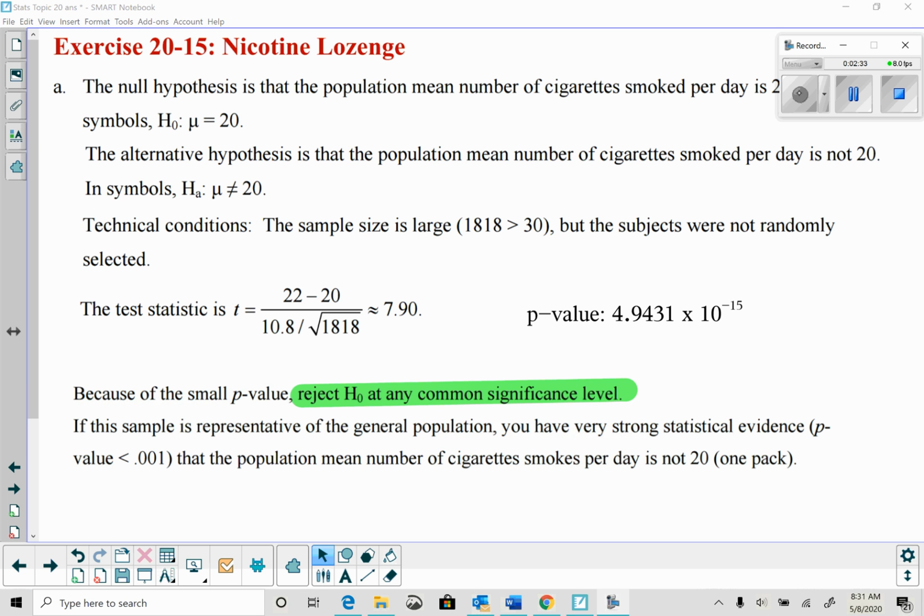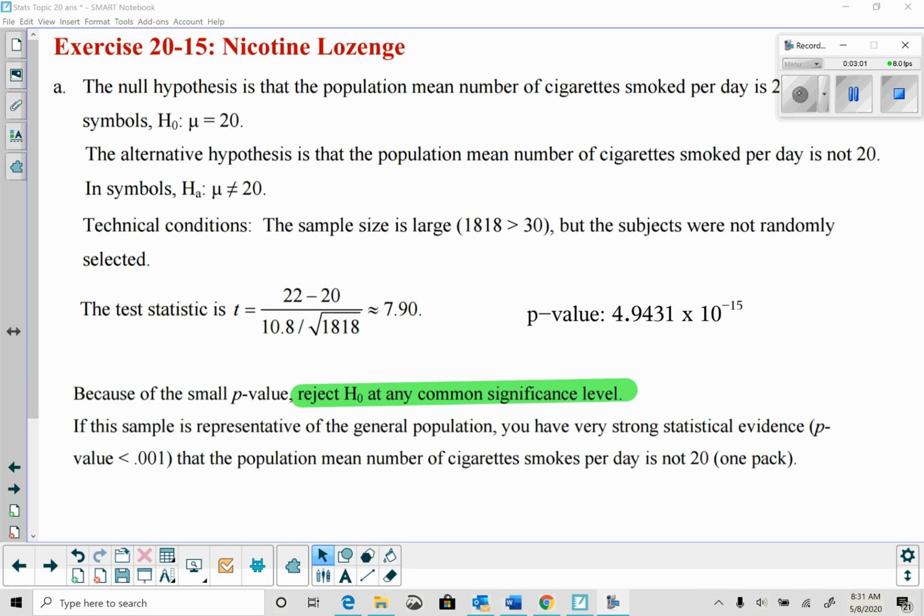The p-value there is amazingly, incredibly, ridiculously small. So because the p-value is so small, we would reject the null hypothesis. It doesn't matter what significance level you use. If it's 0.10 or 0.05 or 0.01, this thing is 14 zeros before you get to the 4 on that one.